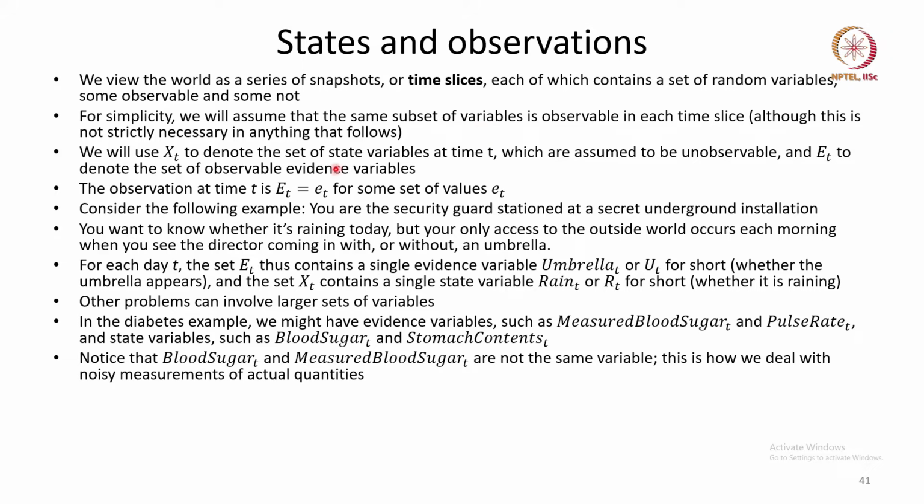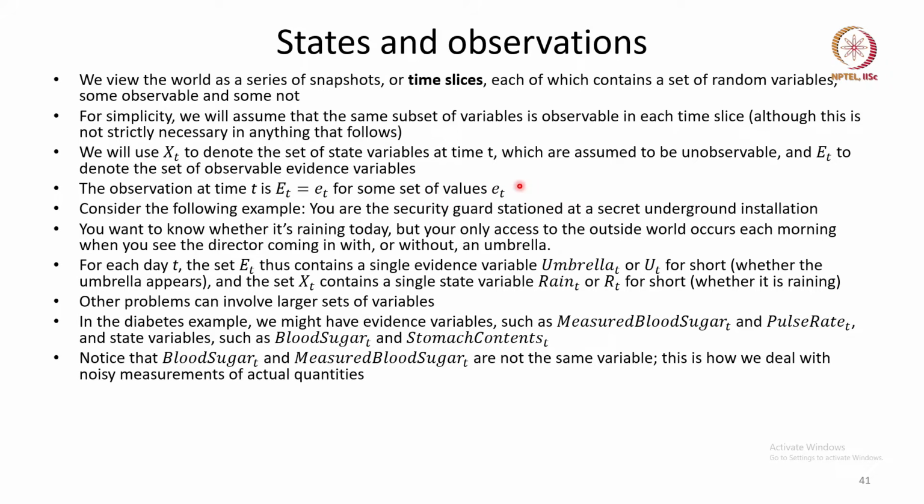And then if we use Xt to denote the set of state variables at time t, that is the hidden variables at time t, and Et is the set of evidence variables. So at any particular time t, you will get capital Et equal to small et. Those are the evidences that we are talking about.